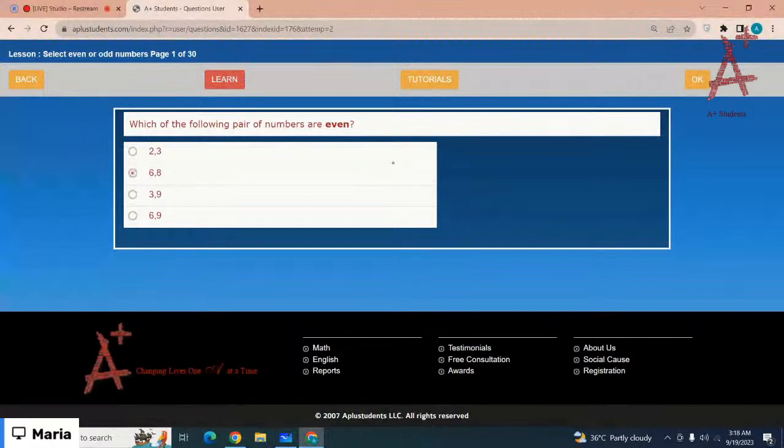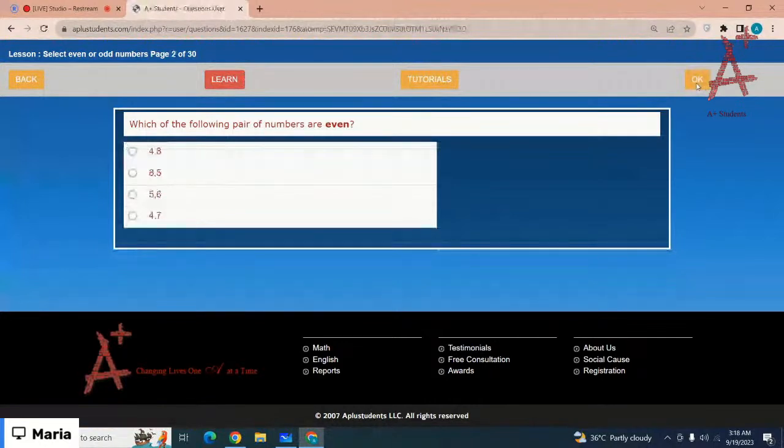So that would be the correct option because both of them are even. 3 and 9, they are both odd. 6 and 9, 6 is even, 9 is odd. The correct option is 6 and 8, they both are even.